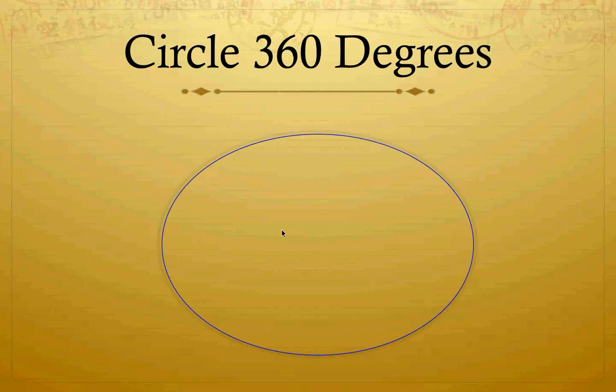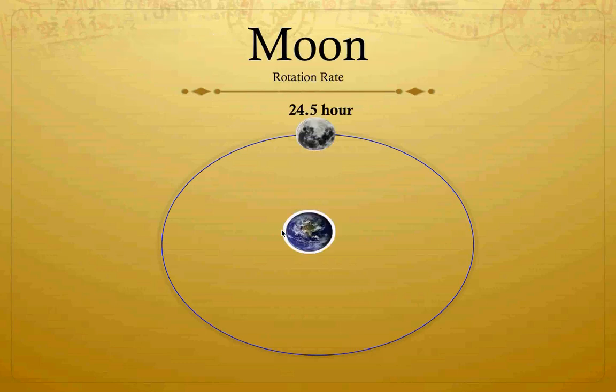Even though they say the moon travels in an elliptical orbit, for some reason this calculation that we have is spot on as far as calculating the rate of the sun and the moon traveling around this circle. The moon has a certain rate at which it travels around the Earth. It will make one full rotation around the Earth in 24.5 hours.